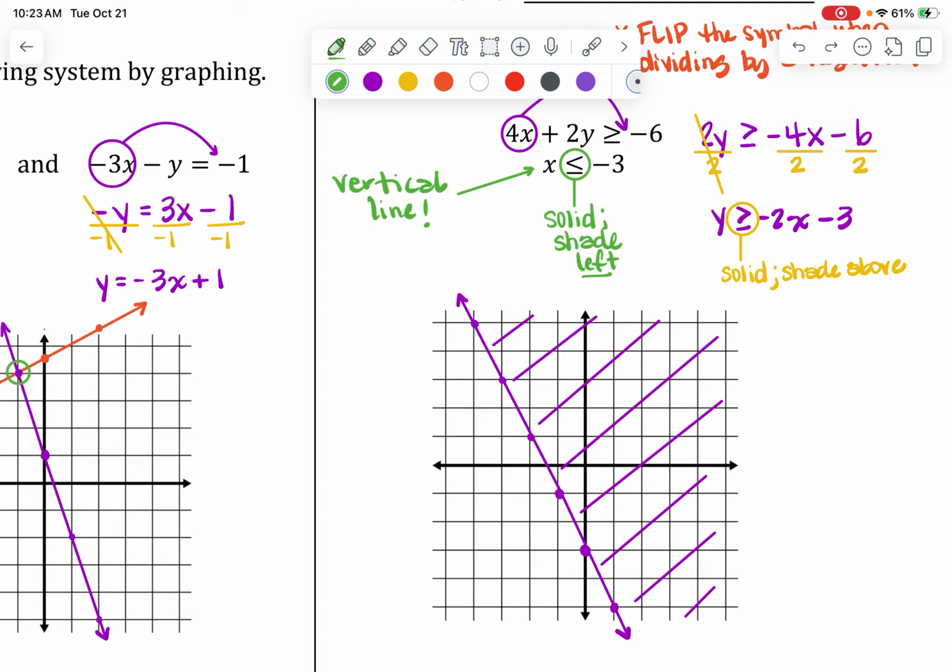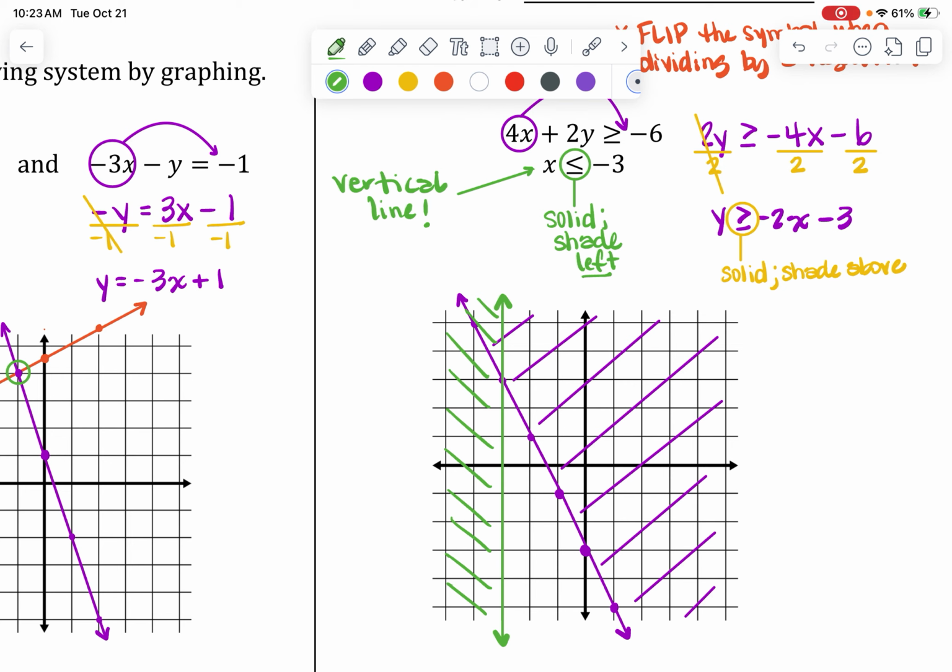There we go. A solid line at x equals -3, and I want all the x values that are less than -3, which means we're going to shade to the left. All of my solutions to this inequality lie here.